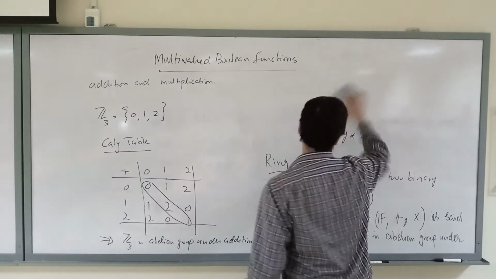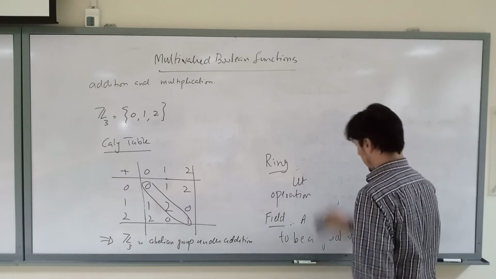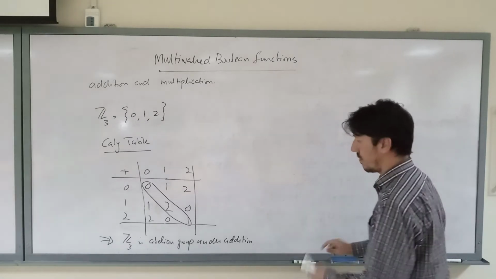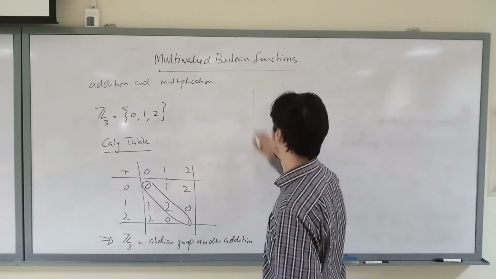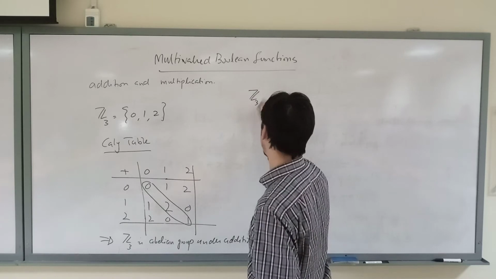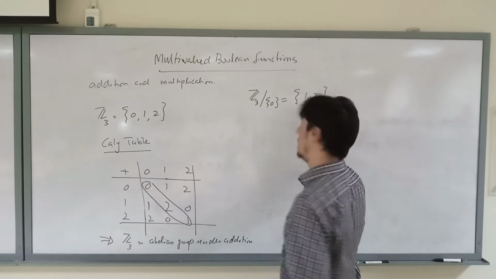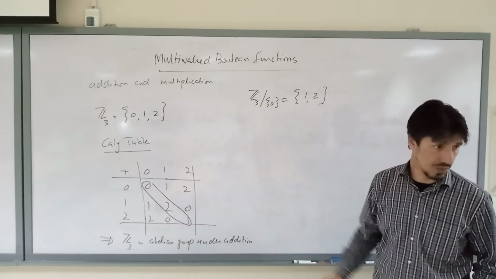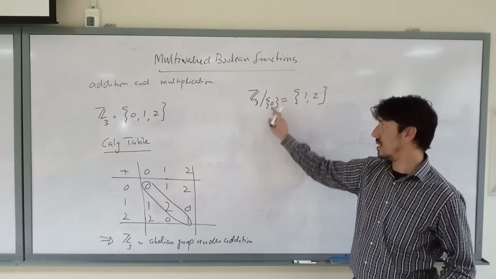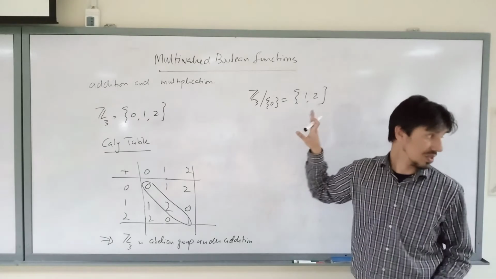Dear student, under multiplication I have to take only 1 and 2, because there is no inverse of 0. So whenever I use Z3 minus 0, it means I am excluding 0.